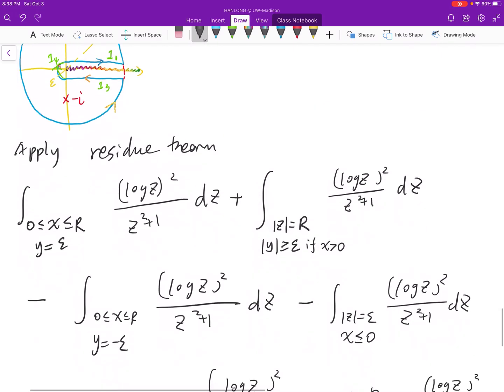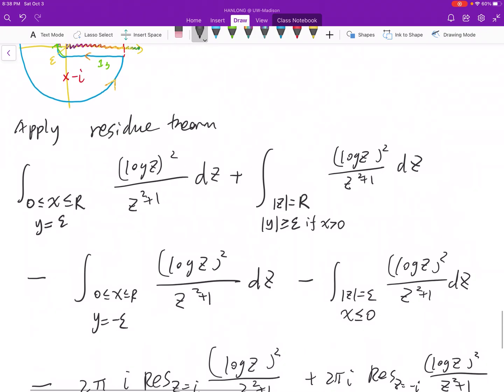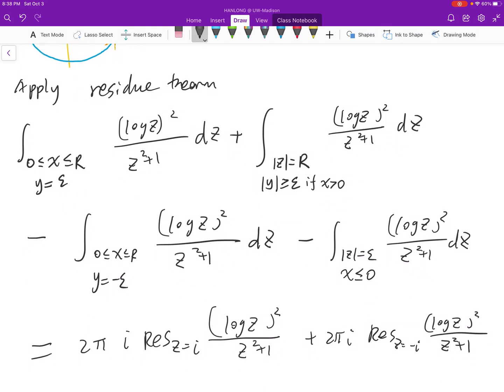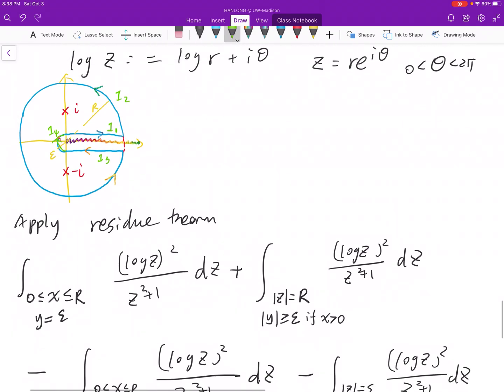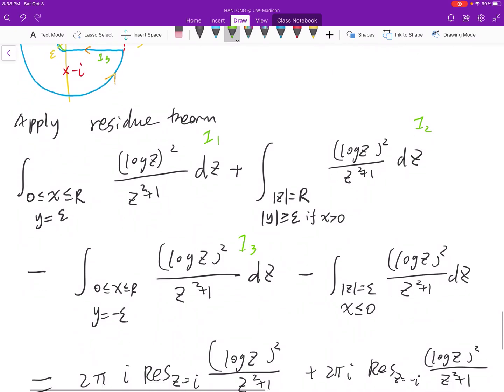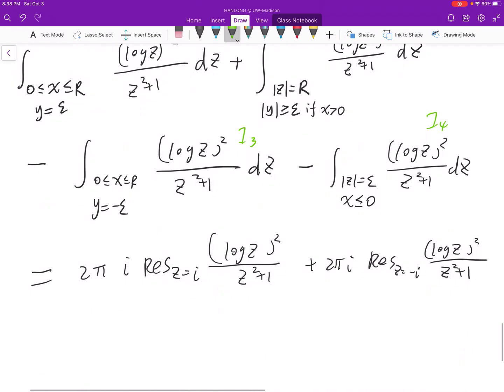Okay, so now let's estimate those terms. I first denote them as I1, I2, I3, I4, I5, I6.